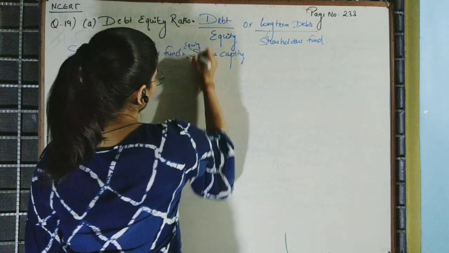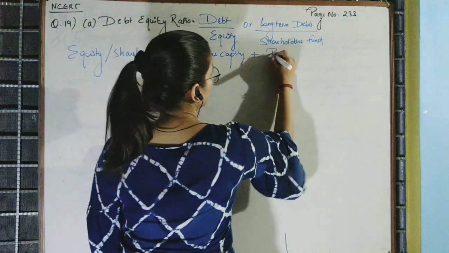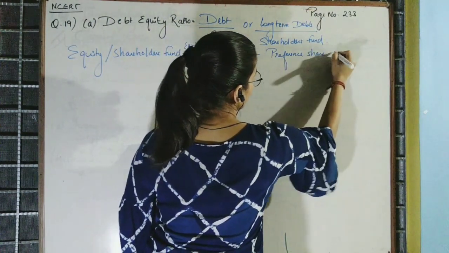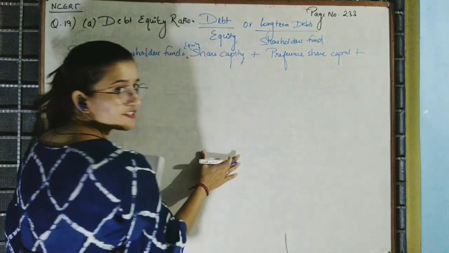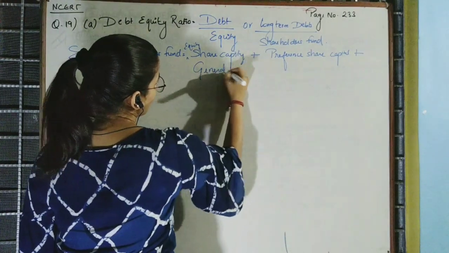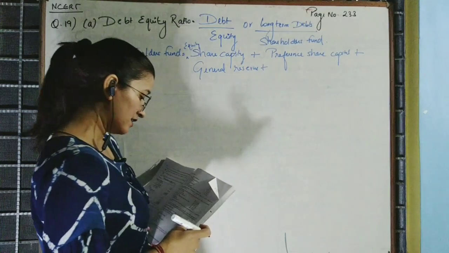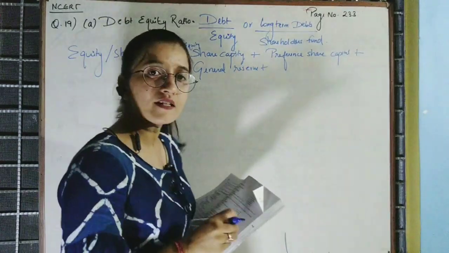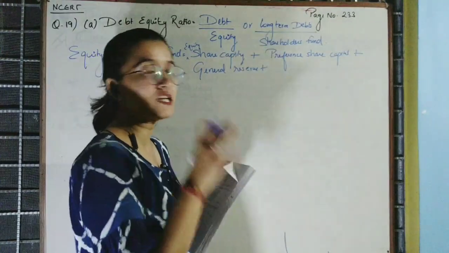Equity share capital plus preference share capital. General reserve is also included in shareholders fund. So we will include general reserve also. And balance in the statement of P&L account. Now balance in the statement of P&L account is also considered as accumulated profit.